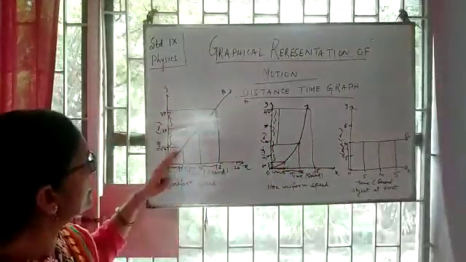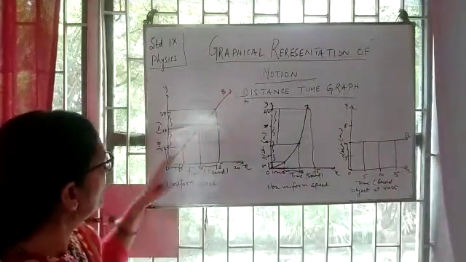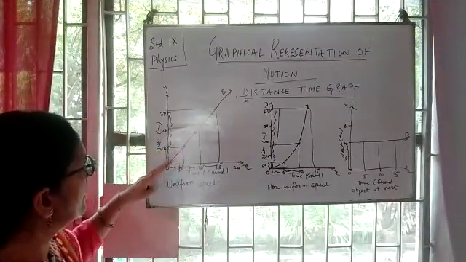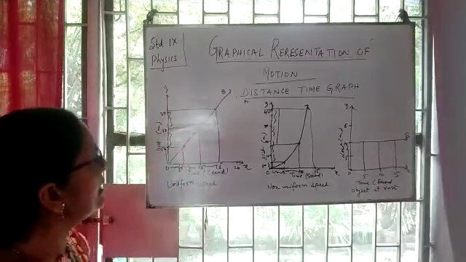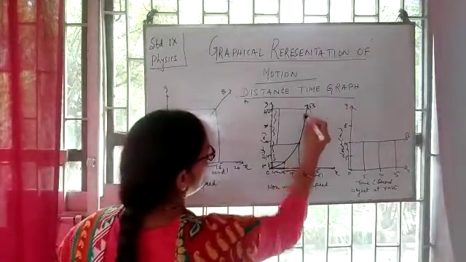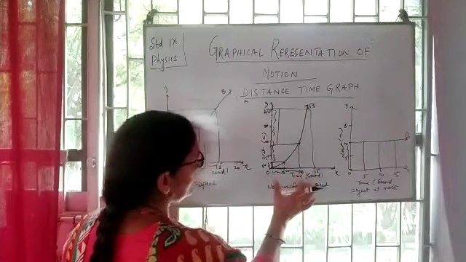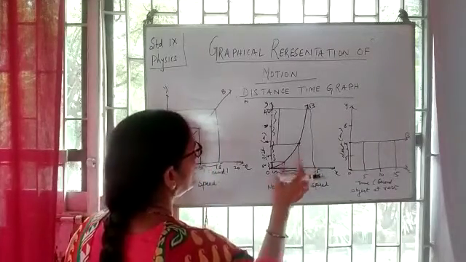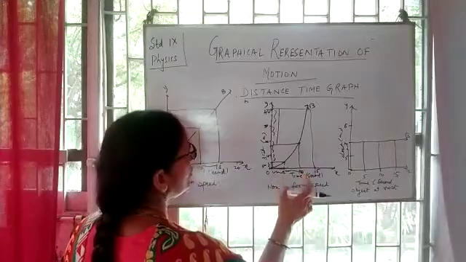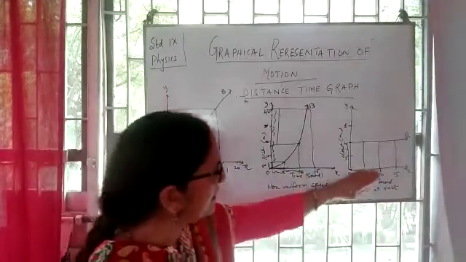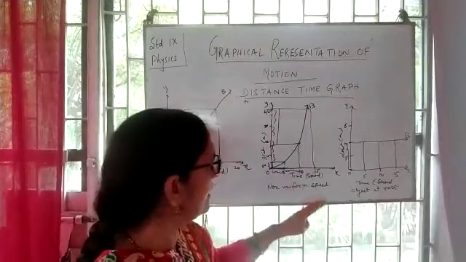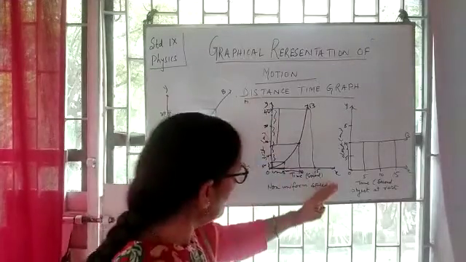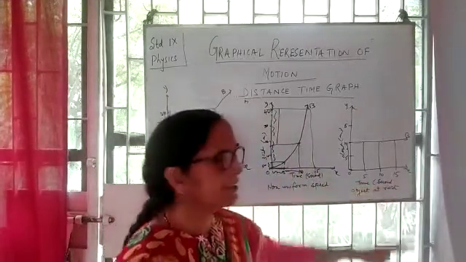In the first case, it is a straight line OB, and it is representing that object is moving with uniform speed, and in this case it is a curved line. It is representing that the speed of the object is non-uniform. Here it is representing that object is not at all in motion, neither uniform nor non-uniform, rather it is at rest.